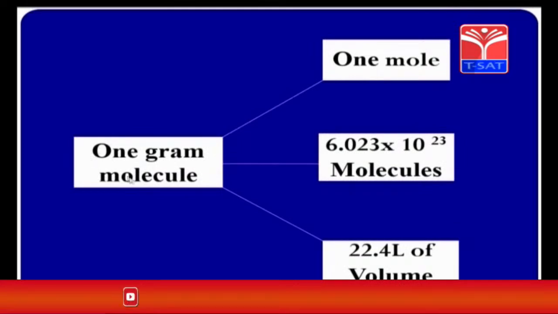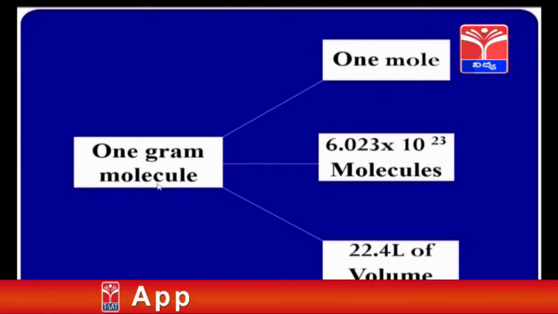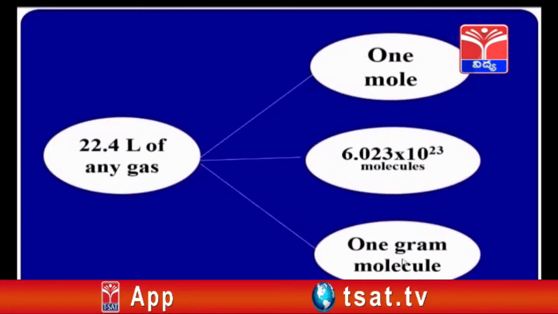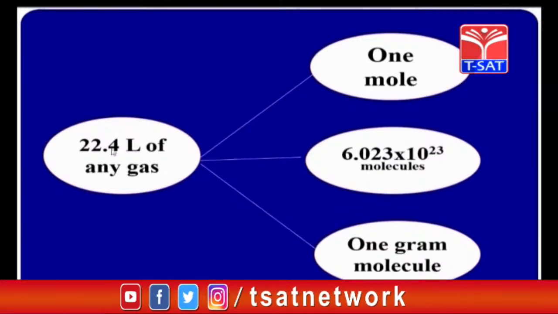Similarly, you can correlate like this also. 1 gram molecule is equal to 1 mole. 1 gram molecule means Avogadro number of molecules. 1 gram molecule means 22.4 liters of volume. Similarly, 22.4 liters of any gas at STP condition is equal to 1 mole. It is also equal to Avogadro number of molecules.